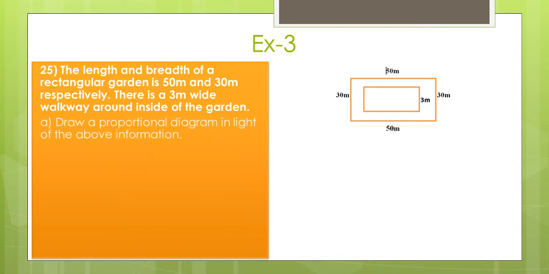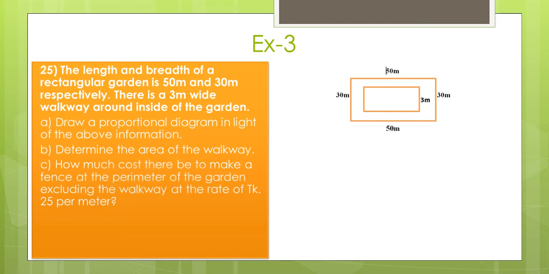Number A, draw a proportional diagram in light of the above information. Number B, determine the area of the walkway. And number C, how much cost will there be to make a fence at the perimeter of the garden excluding the walkway at the rate of taka 25 per meter.